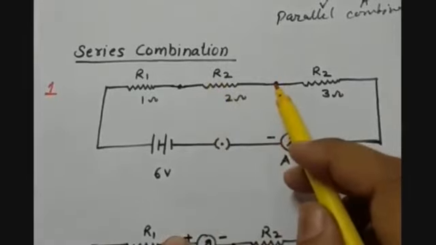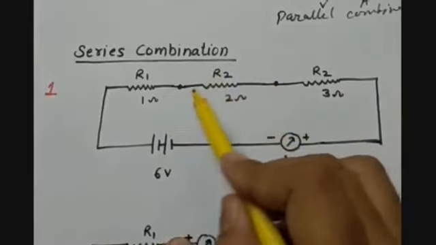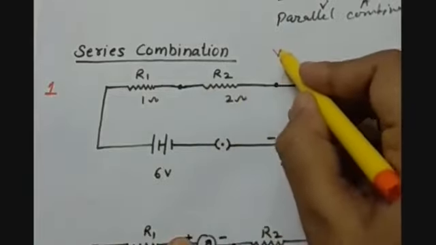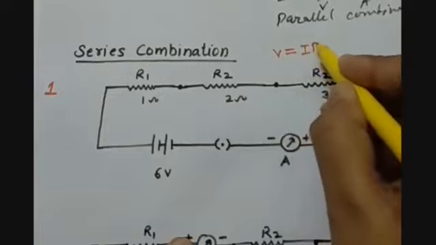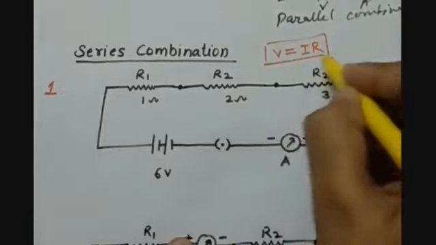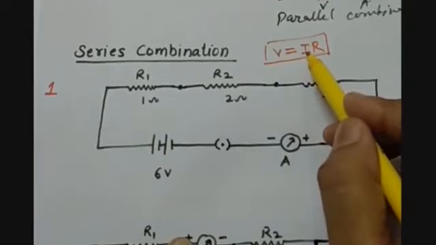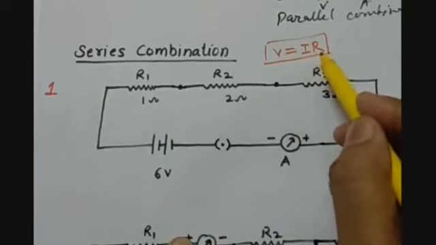Series combination. We know that when the resistors are connected end to end, they are called a series combination. And according to Ohm's law, we have this relationship between the potential difference and the current, where R is resistance.